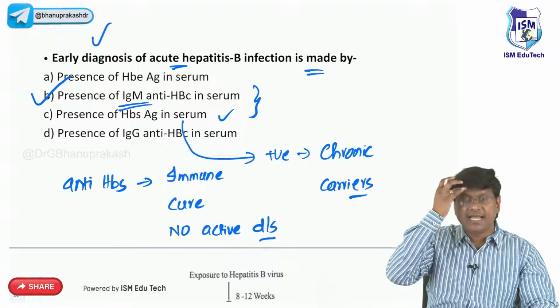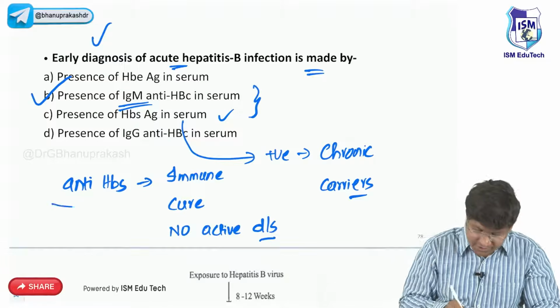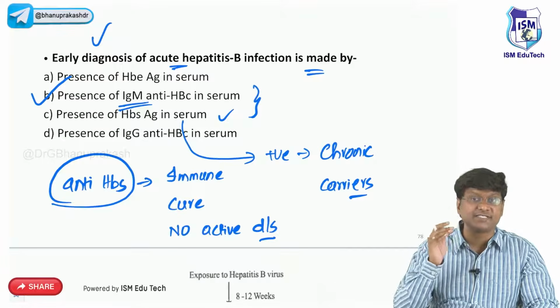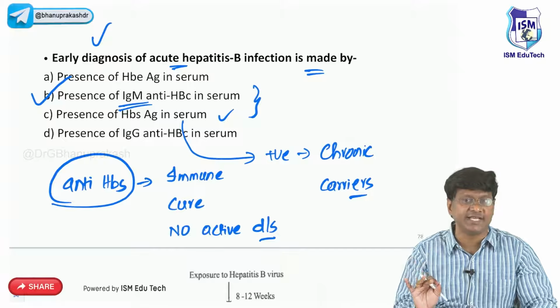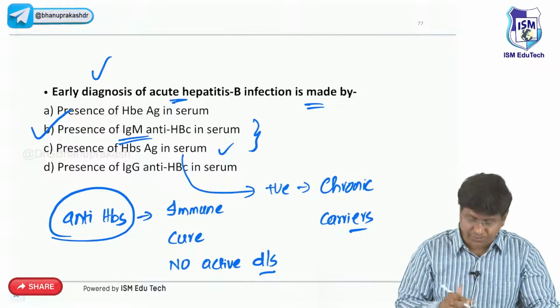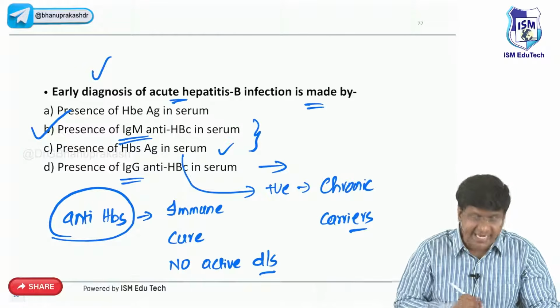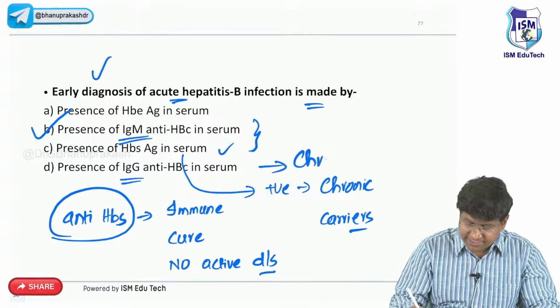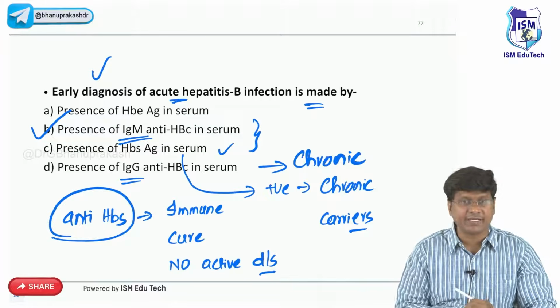So that is what the presence of anti-HBs tells you. Now, what about the other serology in the options given to you? The presence of IgG anti-HBC tells you that the patient is having chronic hepatitis.